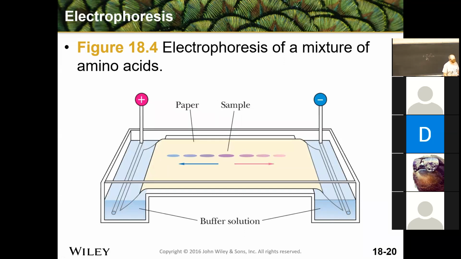Okay, so here's a simple diagram of an electrophoresis apparatus. So we have a buffer solution, we have the paper or other solid phase. We have the sample.